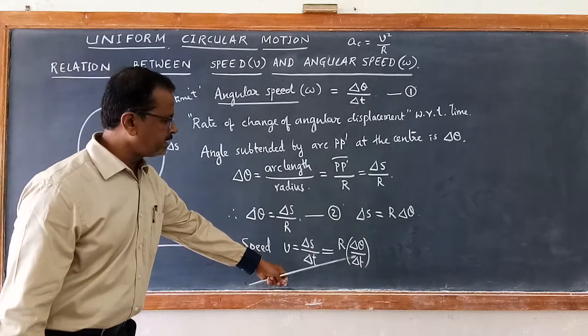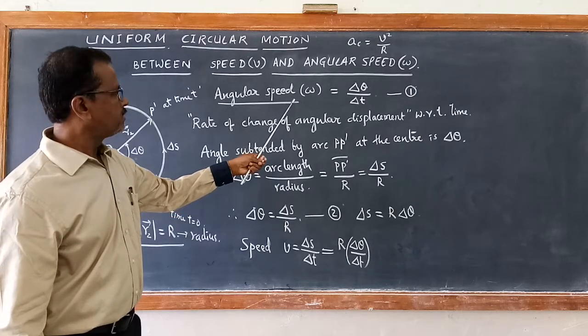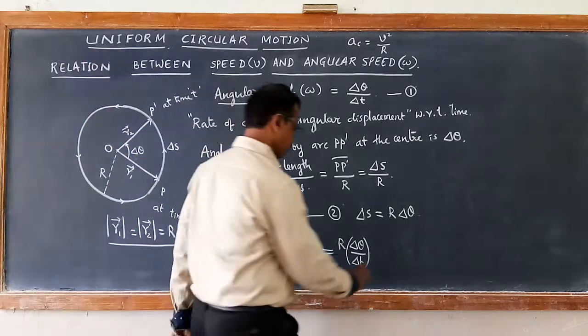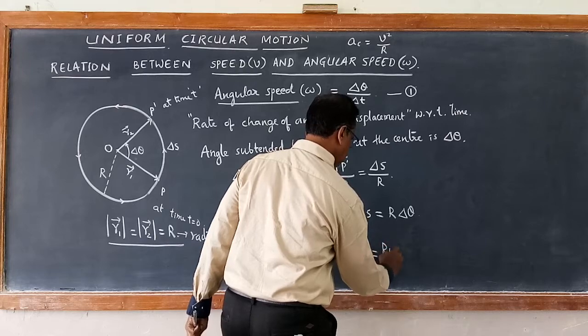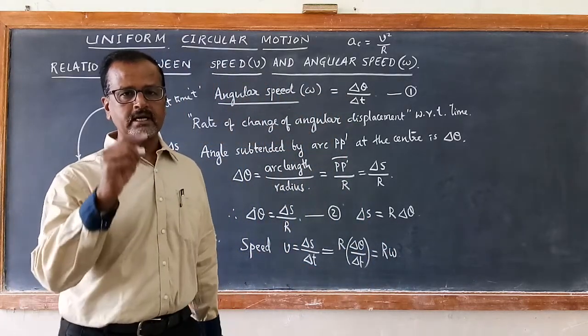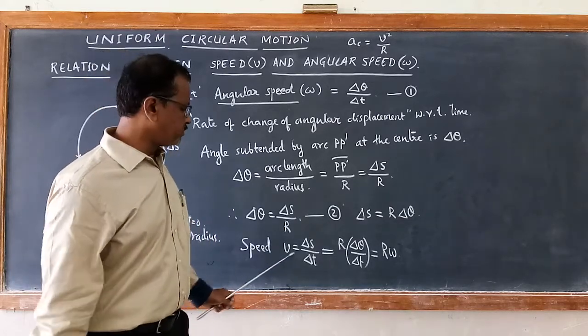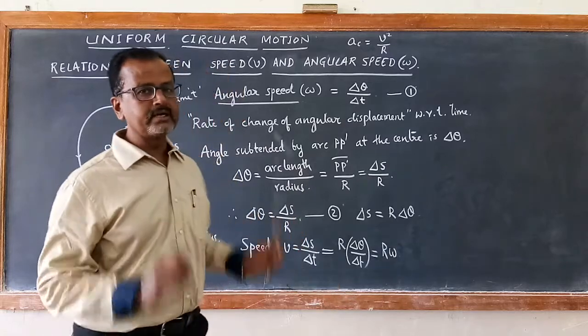What is delta theta by delta t? This from equation 1, angular speed. R omega. Remember, this term is not W, it is Greek letter omega. Okay, v equal to r omega is the new relation.